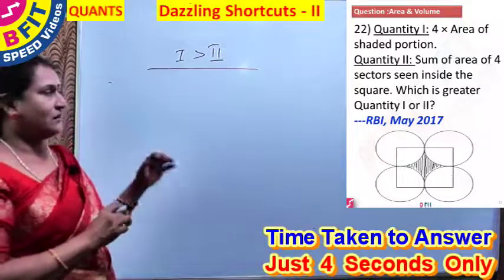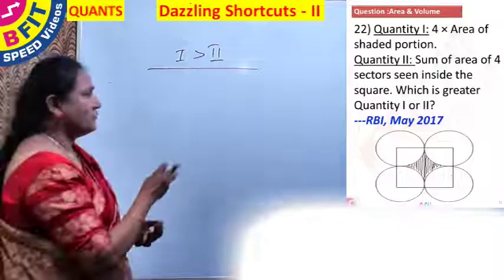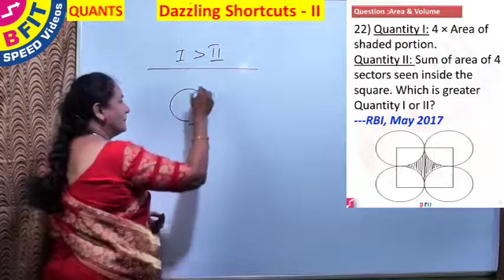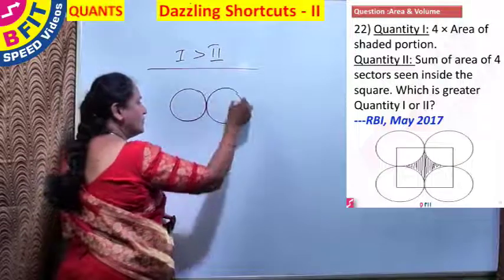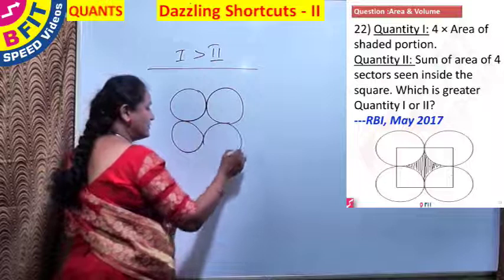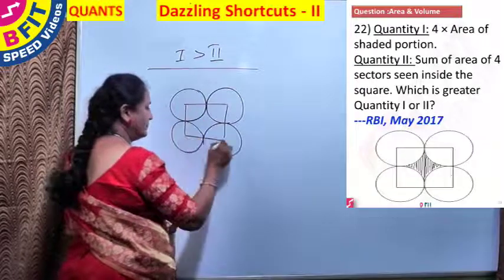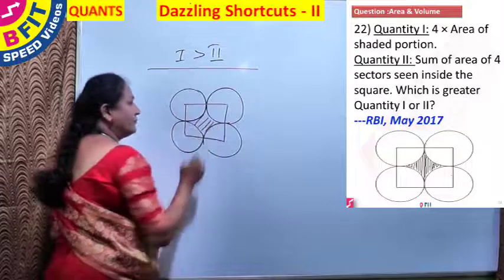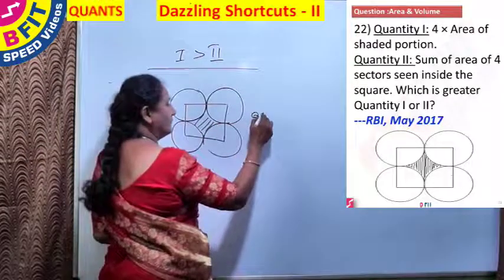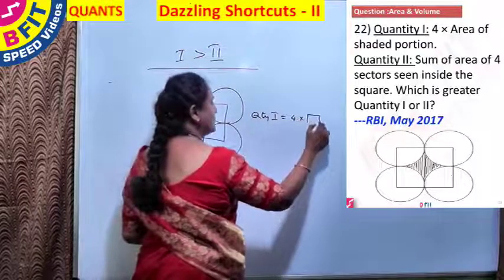So using the ratios from the previous question, for this picture also. So we have here 4 circles drawn on the corner of a square. So this is the shaded portion. So what is quantity 1? 4 times this shaded portion.